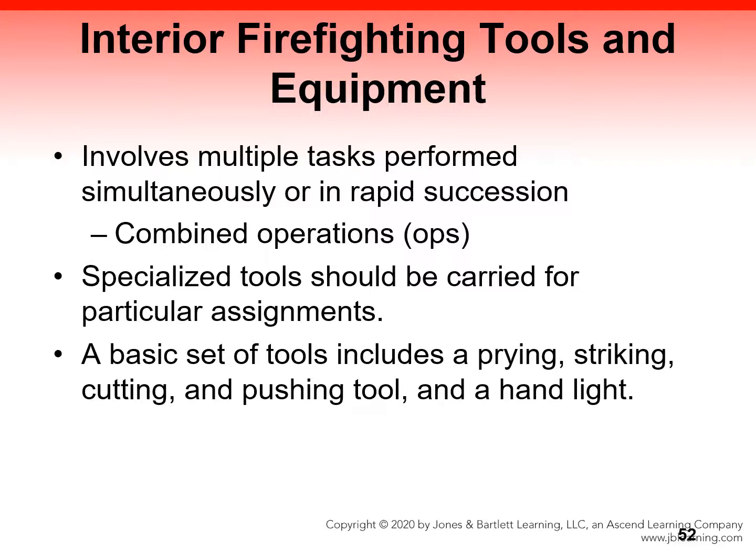The basic set of tools for interior firefighting includes a prying tool, such as a Halligan tool, a striking tool, such as a flathead axe or sledgehammer, a cutting tool, such as an axe, a pushing tool, such as a pike pole, and a hand light or portable light. Crews may often carry specialized tools and equipment needed for their particular assignment. The specific tools that must be carried by each crew are usually defined in a department's training manuals and their SOPs.